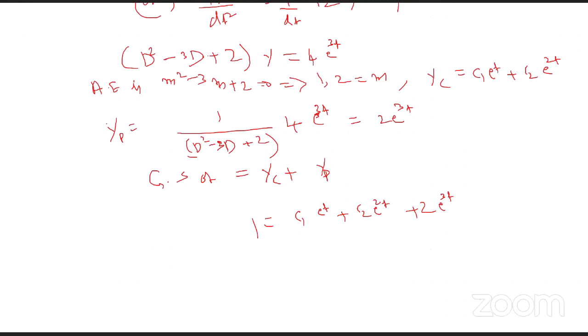So this is the general solution, y equal to this thing. All the t are there, so we have to convert into x form. In place of t, we substitute log x and simplify.